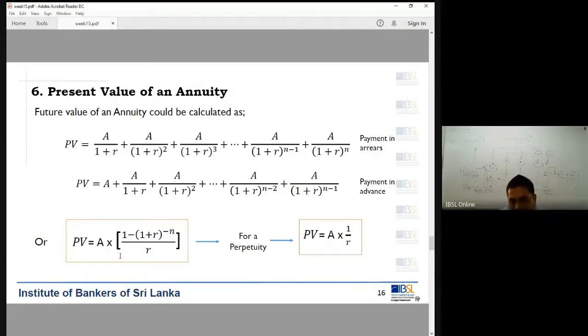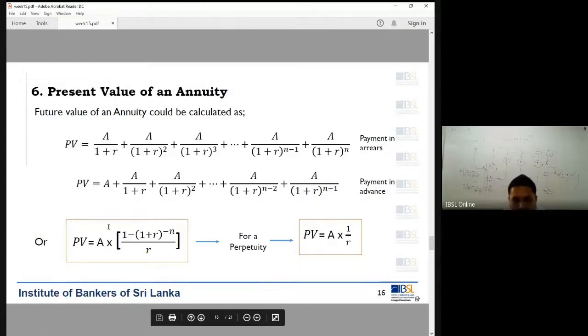Then we are talking about the present value. So if anything comes into present terms, this A term that comes here is going to be at t equals 0, or right now. So it is going to be added to the present value. So this equation will be converted to a plus. Okay, A plus.